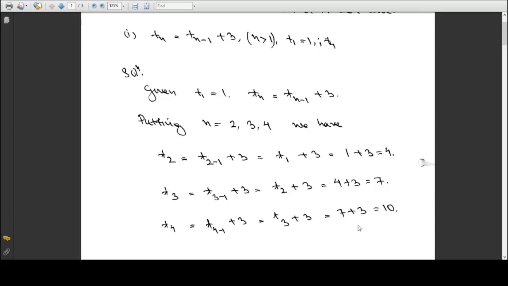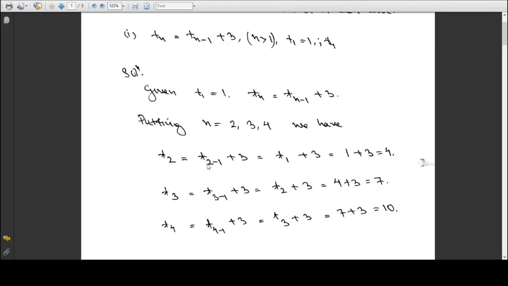We cannot directly find the value of Tn or the value of T4. We have to find the values of T2 and T3 because they are related to one another. T1 is already given.